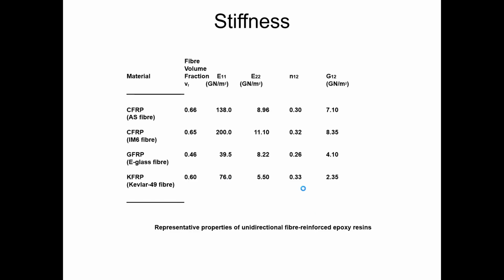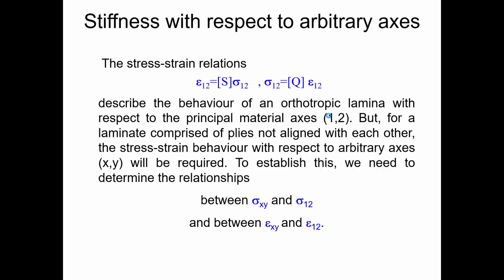This is a table for some classic examples: CFRP, carbon fiber reinforced polymer, glass fiber and Kevlar. With a certain fiber volume fraction, they have their four constants listed here.